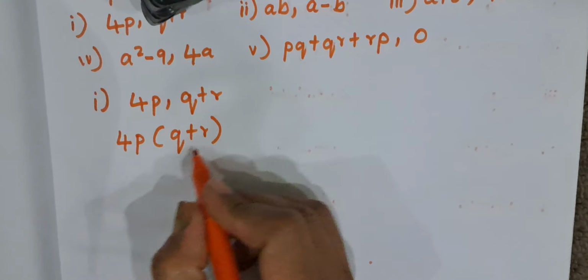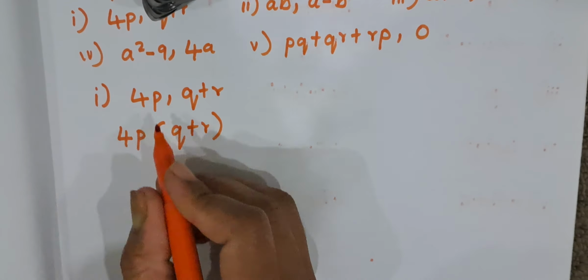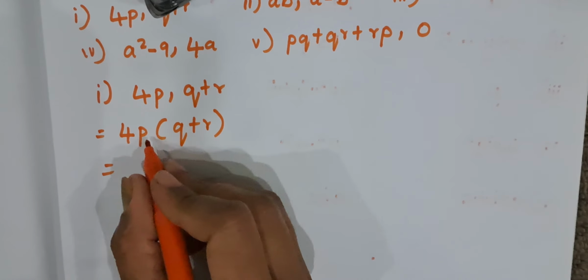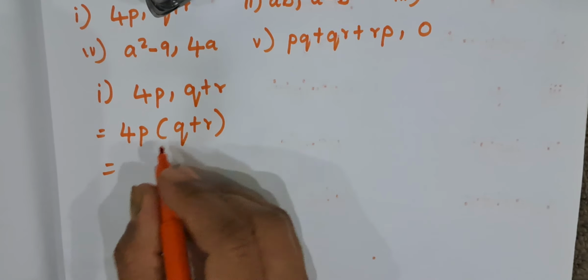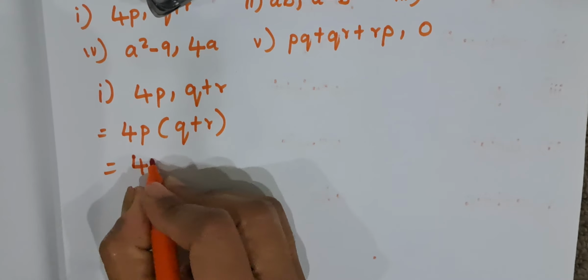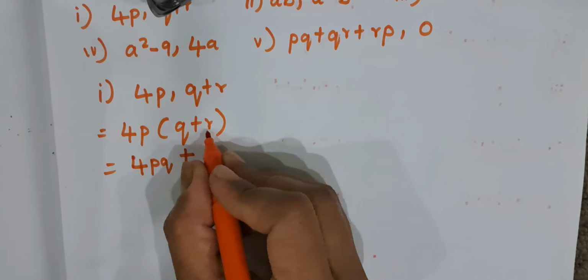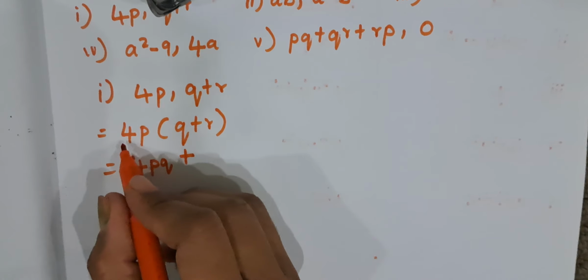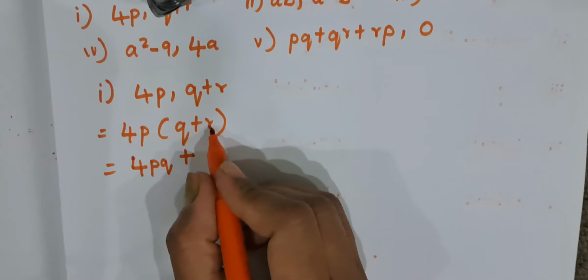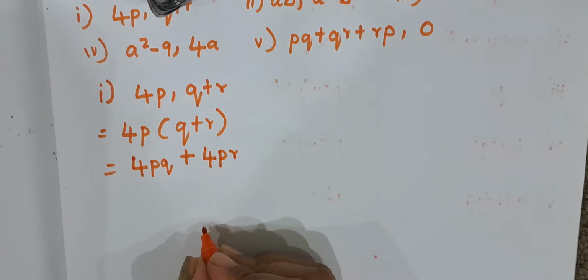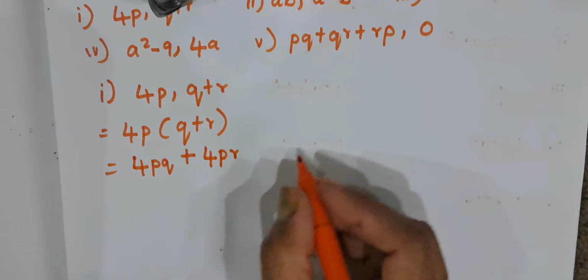So we will put a bracket in between so that we do not get confused. So 4p into q, 1p and 1q, so it will become 4pq, plus, now 4p is getting multiplied with r. 4p into r becomes 4pr.